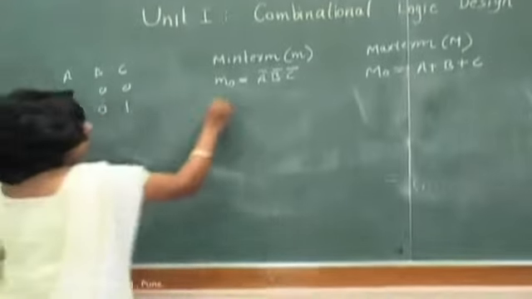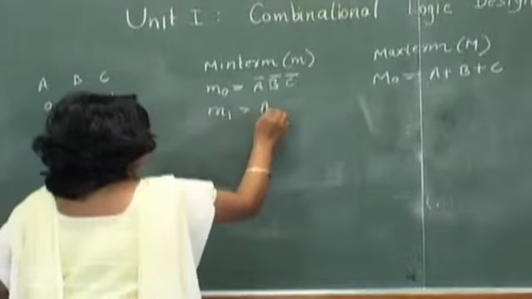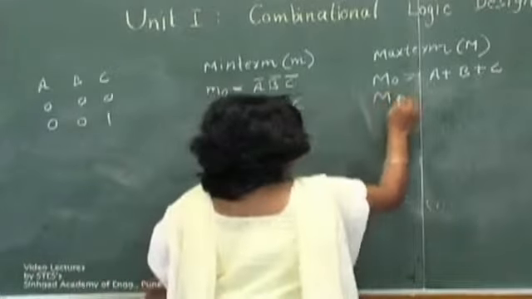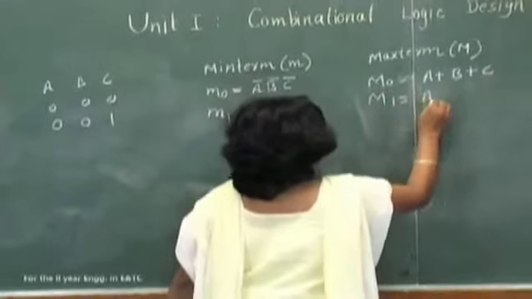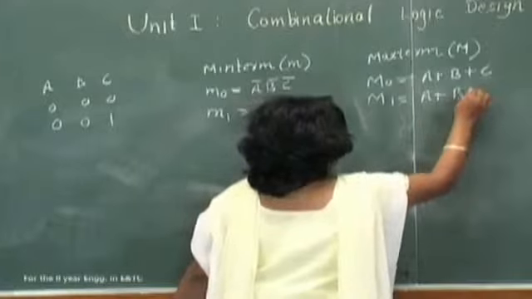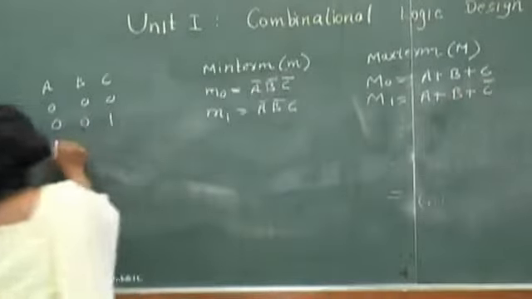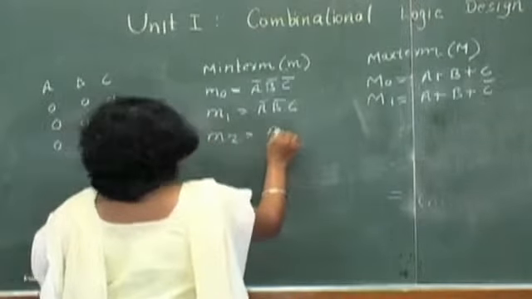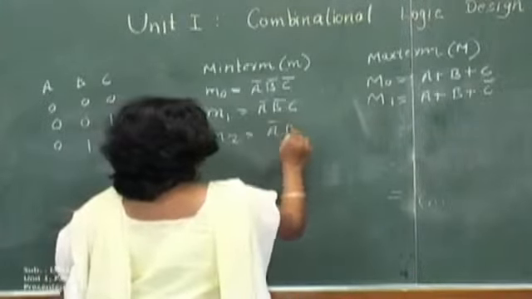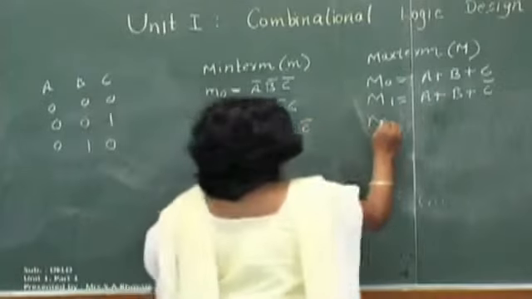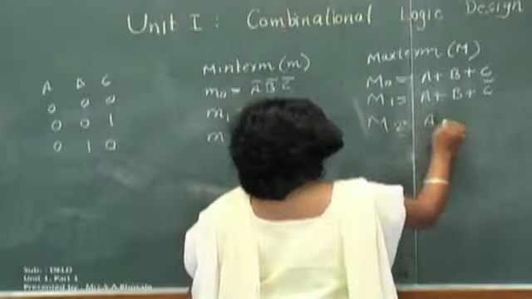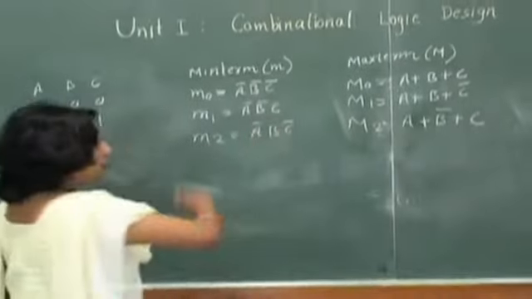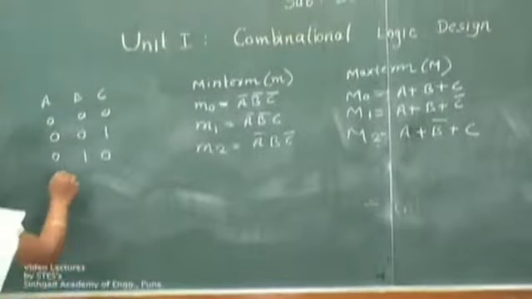So let us go for the next term. That is 0, 0, 1. m1 is equal to A bar, B bar, C, whereas M1 for the max term will become A plus B plus C bar. Then 0, 1, 0, it is m2 and this is nothing but A bar, B, C bar, and M2 here will become A plus B bar plus C. All the terms in complement form, we are using De Morgan's law for it.